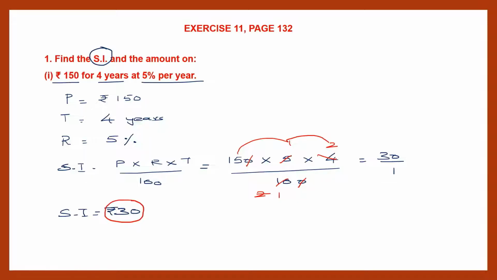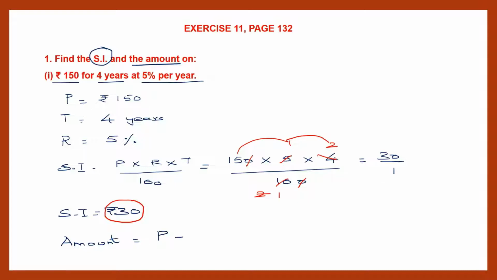Now there's one more part of the question. We're asked to find the amount. So how do we find the amount? To find the amount, we say principal plus the simple interest, because this is extra amount. This is what we get extra. So to find the amount, we say principal, which is originally there, plus the extra amount. Let's write it down.